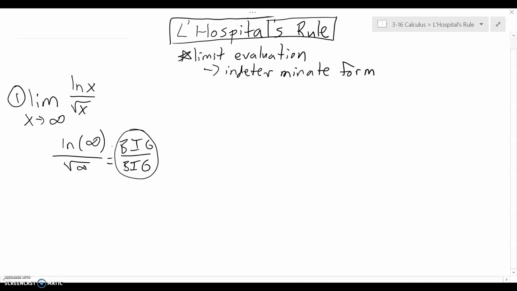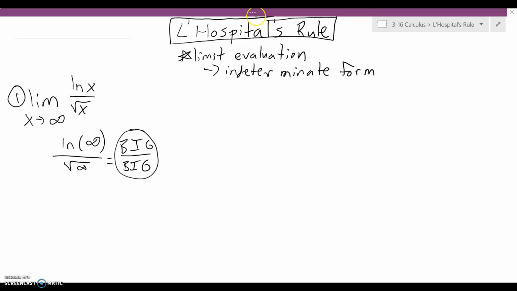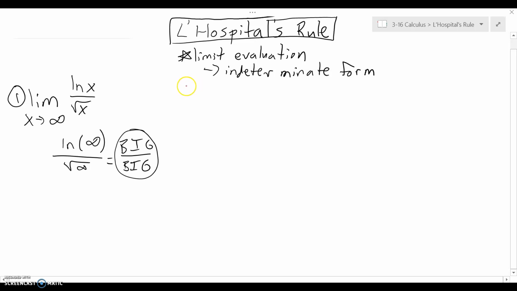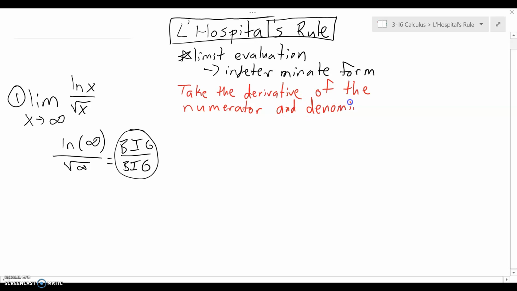What I mean by that is the actual method that L'Hopital's rule uses, and I'll write that in there because this has got to be your takeaway: you are going to take the derivative of the numerator and denominator separately. And the reason you're going to do it separately is to look at the rates of change separately.